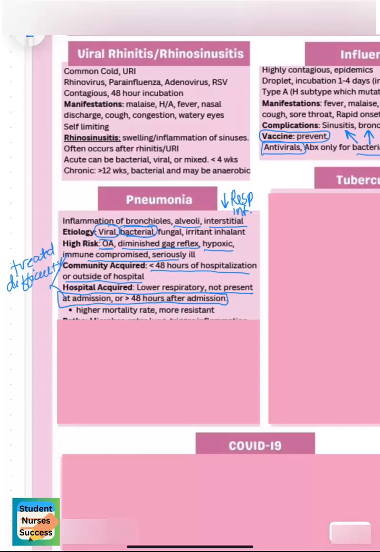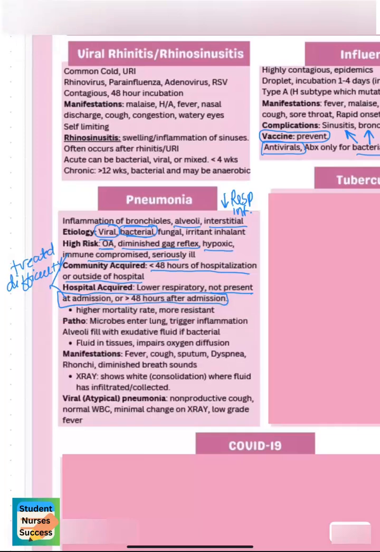They tend to be a little bit stronger, and so they require different types of antibiotics than community acquired. It's related to the resistance of the pathogens in the hospital setting, because we use a lot of cleaning agents in the hospital and people in the hospital are very sick. The pathogens you catch in the hospital tend to be more difficult to treat than the ones you catch out in the community.